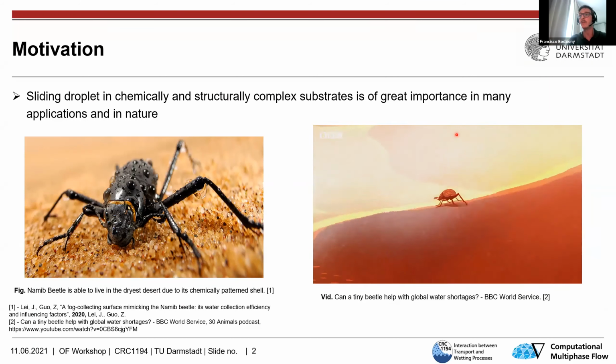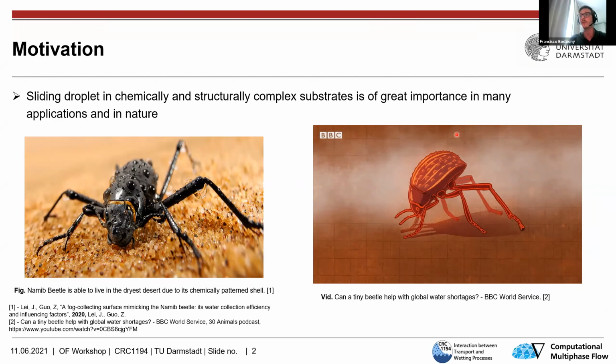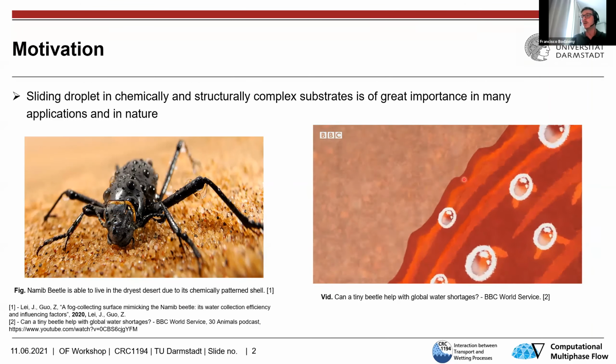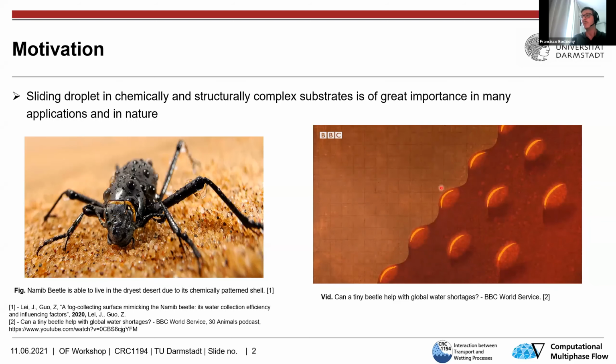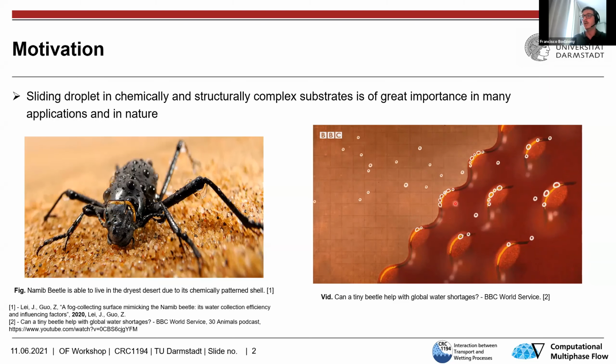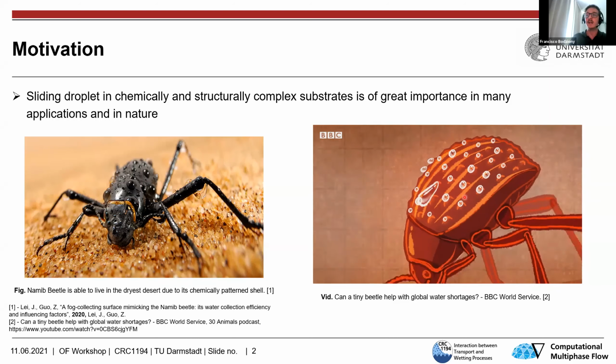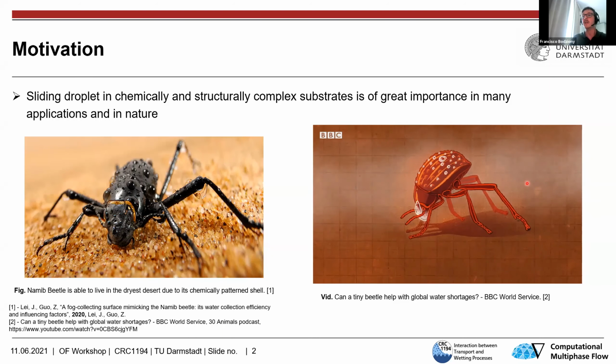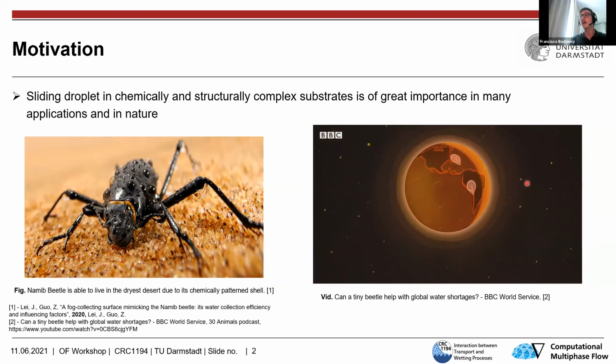Some insects are able to thrive in the driest regions, because their shell or exoskeleton is made up of hydrophilic highlights at which the water will accumulate, and after it's big enough, it will slide down into its mouth and it can drink it. This is the motivation behind water collection via fog or air.